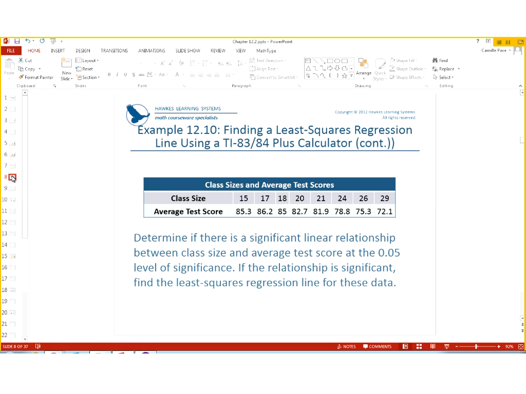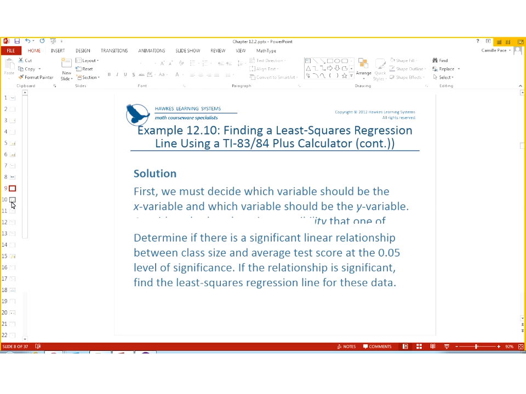And then in L2, you're going to put your average test scores: 85.2, 86.2, 85, 82.7, 81.9, 78.8, 75.3, and 72.1. All right, so go ahead and put those in.